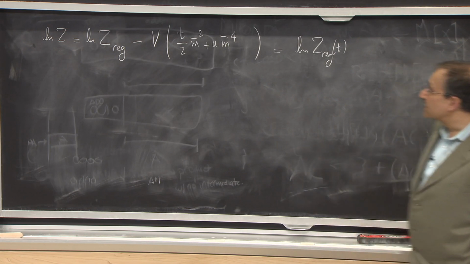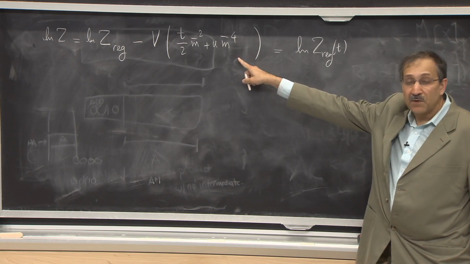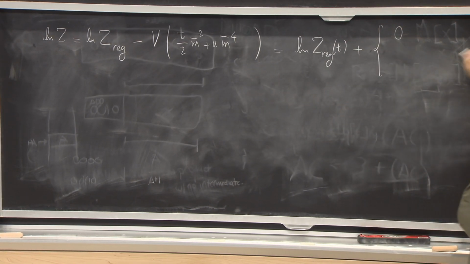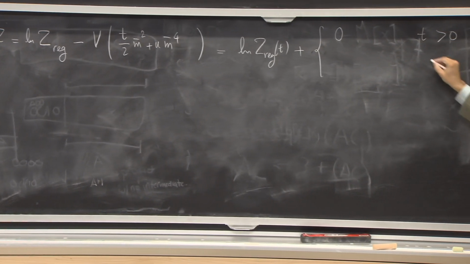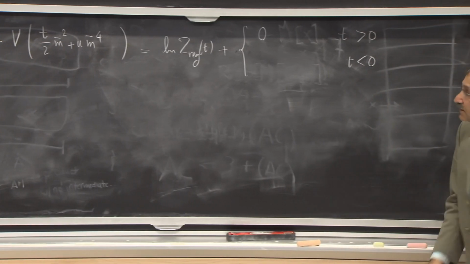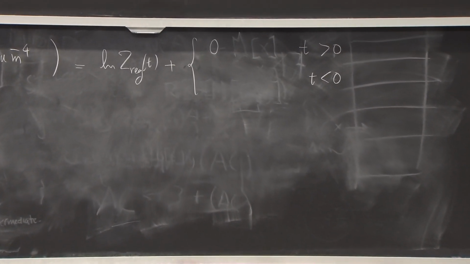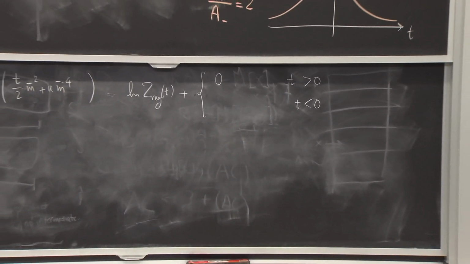Why is this part singular? Because for t that is positive, m is 0. So this is going to give me 0 contribution for t that is positive. Whereas for t that is negative, I have to substitute the value of m bar squared that I found above, which is minus t over 4u.